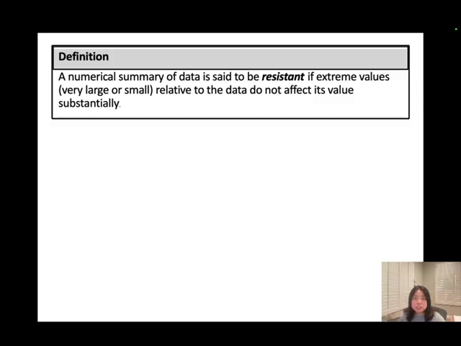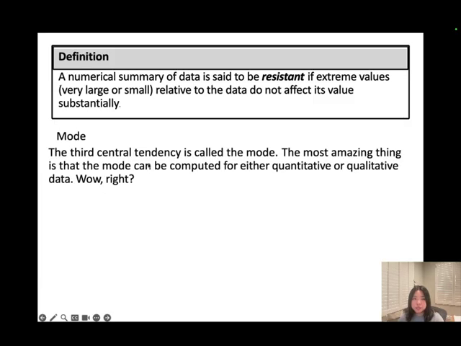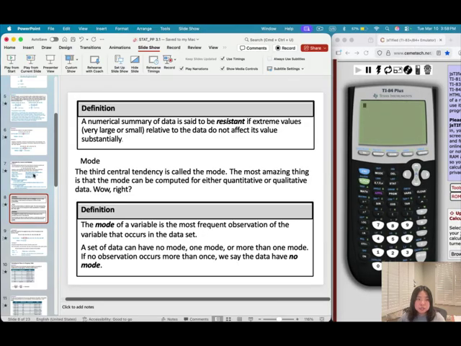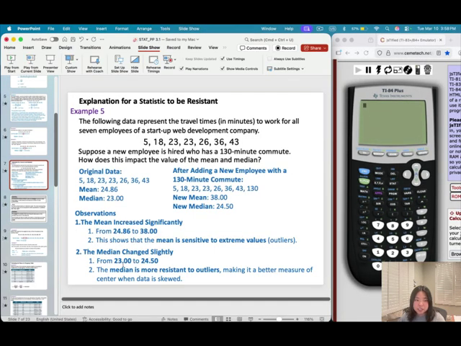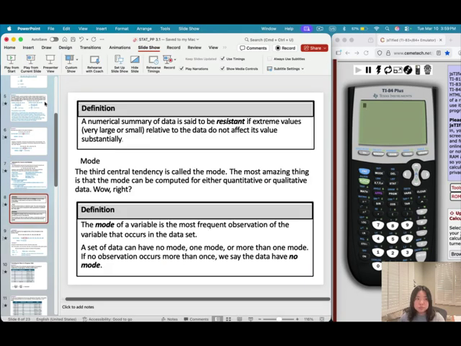A numerical summary of data is said to be resistant if extreme values, very large or very small, relative to the data do not affect its value substantially. Okay, this is talking about just like the median. Okay, it doesn't affect it a lot. Okay, so one more time, the median is more resistant to outliers.